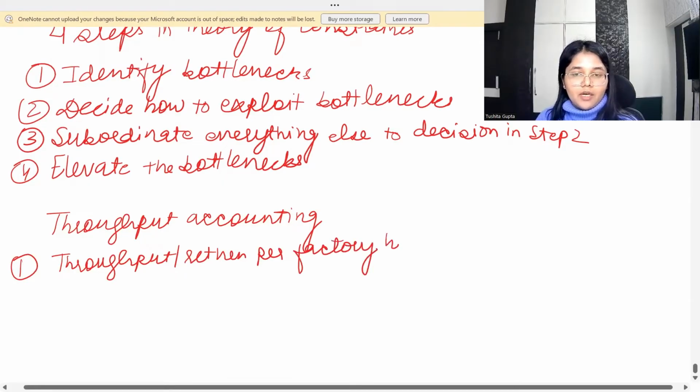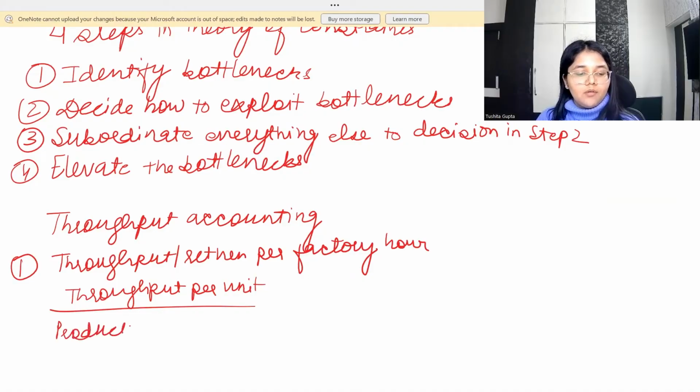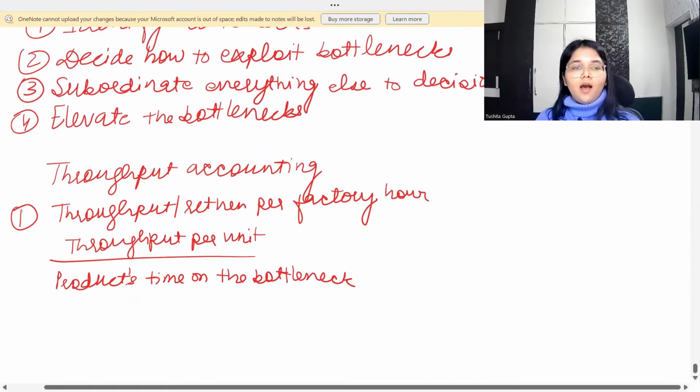You calculate that using throughput per unit, and you divide that by the product's time on the bottleneck resource. So this is essentially the formula of the throughput per factory hour.